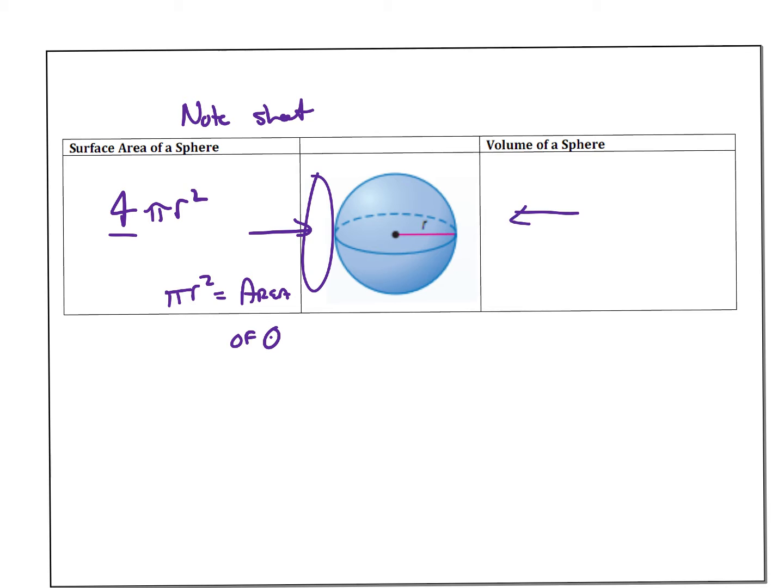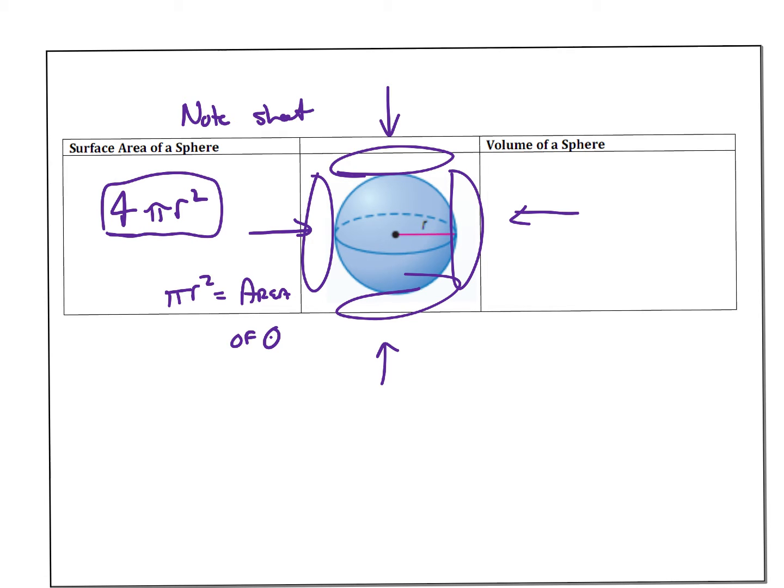Then if we look at the back side, we can see another circle. Then if I look from the top and the bottom, I see 2 more circles. Between those 4 circles, I see the entirety of the sphere, every little piece of it. So that's why I can consider that it's just 4 pi r squared.